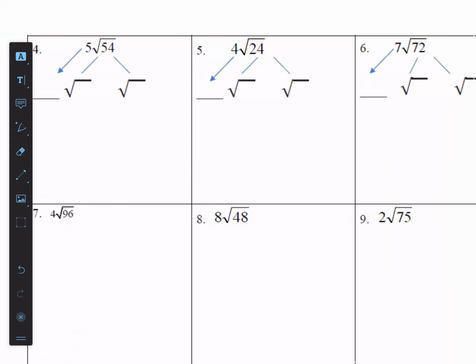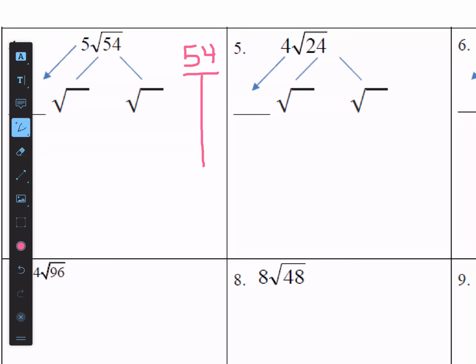Okay? All right, so guys, this is the exact same procedure every time. We are always going to list our factors, find the largest perfect square, simplify. It's the same every single time. All right, so 54. My factors of 54 are 1 and 54, 2 and 27, 3 and 18, and 6 and 9.